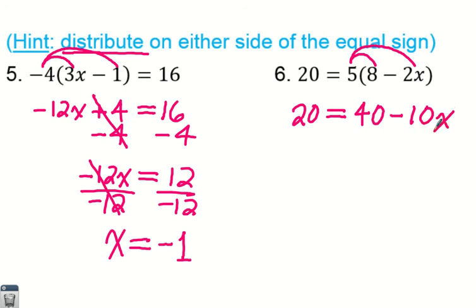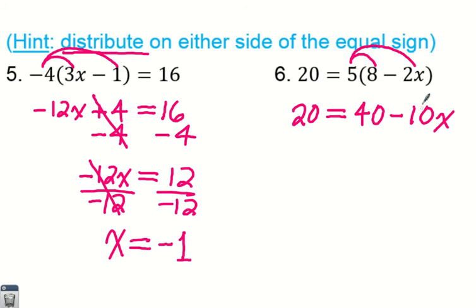Oh, here we go. So now what do we do next? Are there any like terms that are already on the same side as each other? No. So what we're going to start doing is getting this x all by itself on, I guess, the right side. That's okay. That's a thing.